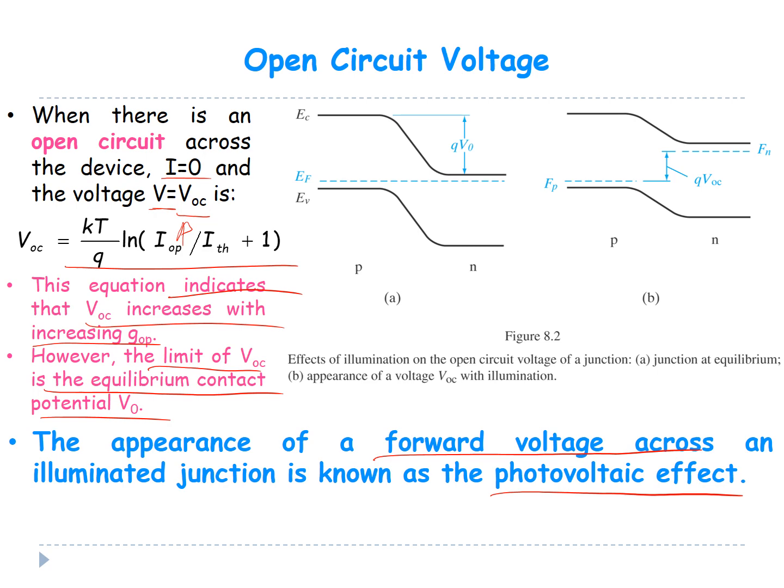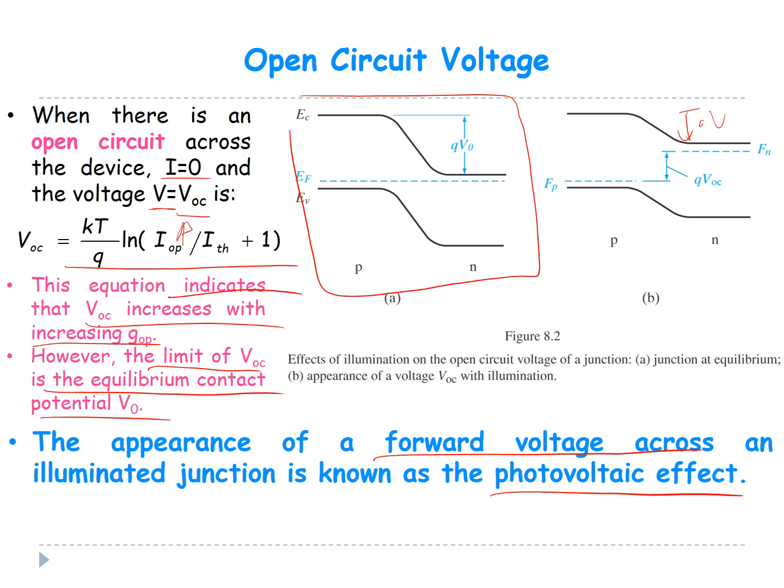And band-wise, if you want to understand V_OC, you'll find that at equilibrium, your bands look like that. But if you illuminate your junction, the barrier here is lowered, and it is actually lowered by V_OC.